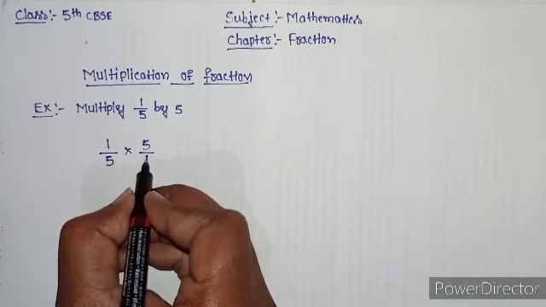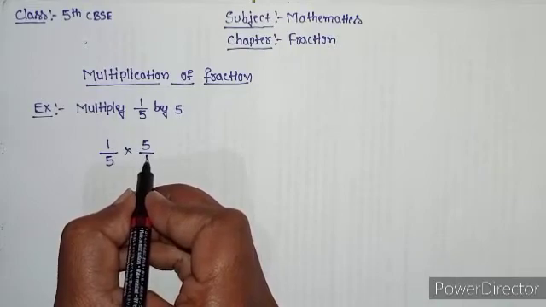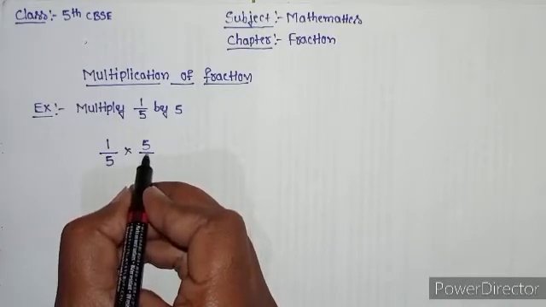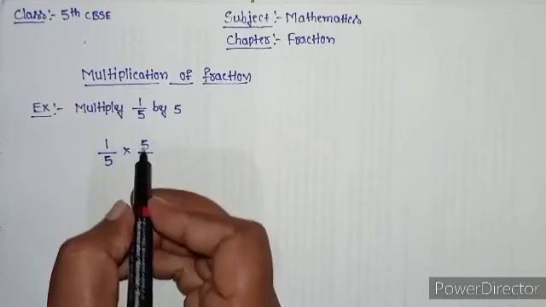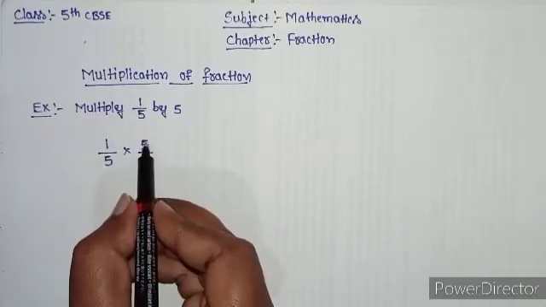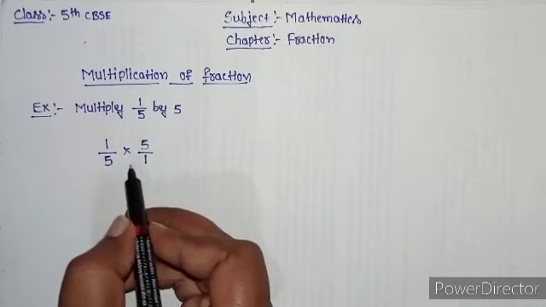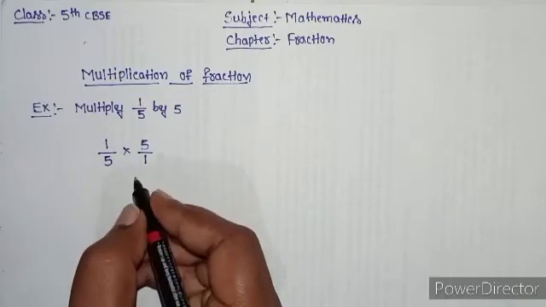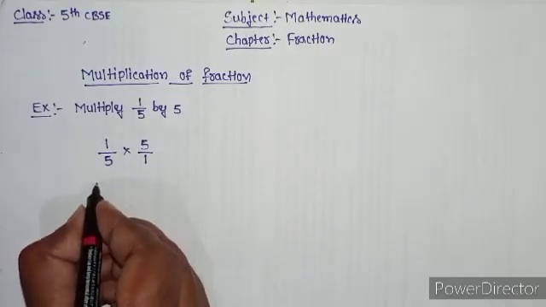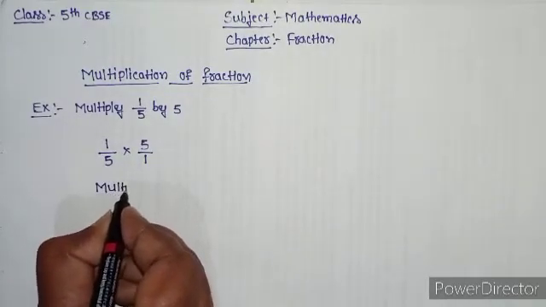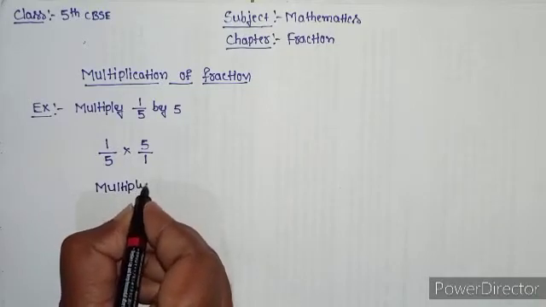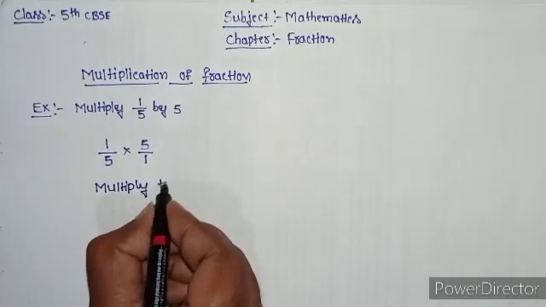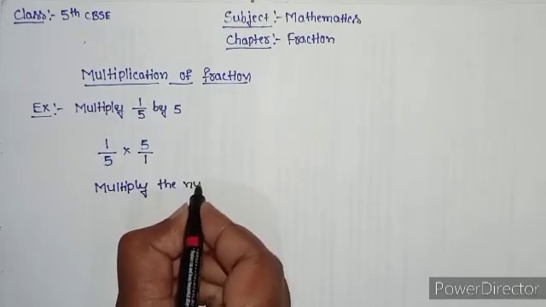Okay. So now we need to multiply the numerators and denominators. Here numerators are 1 and 5. Denominators are 5 and 1. Multiply the numerators.